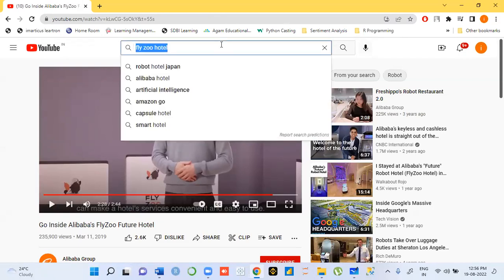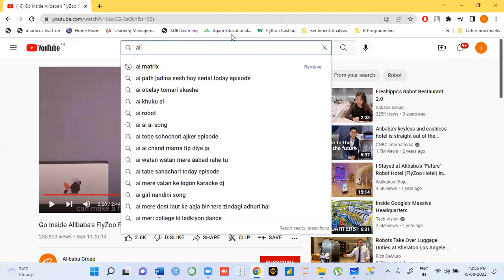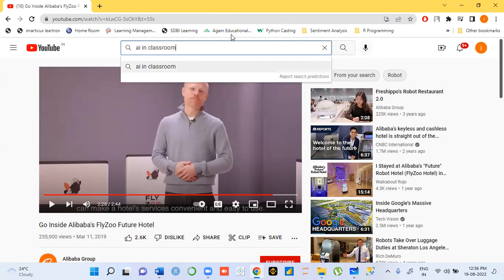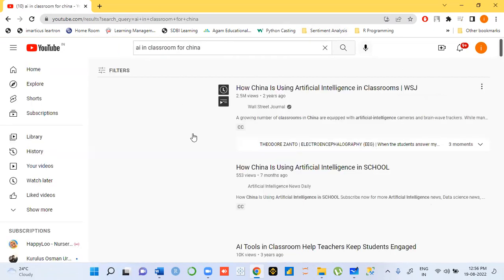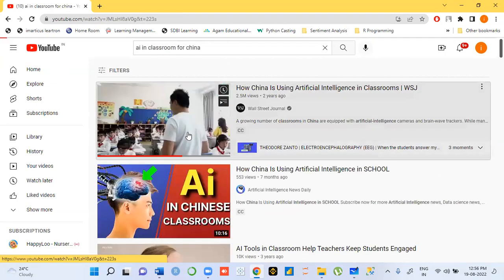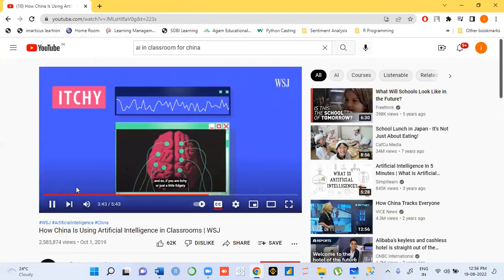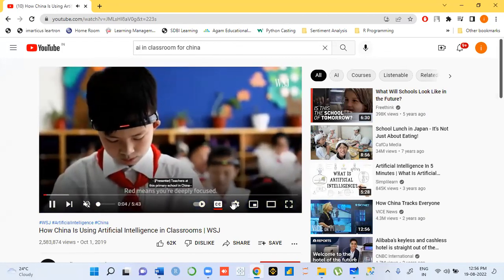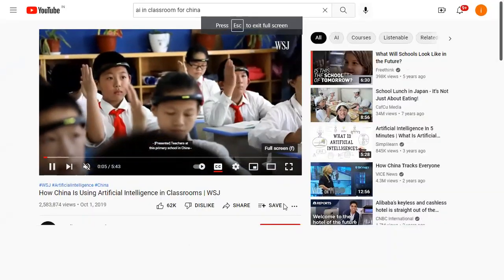Second, in China, guys, there is something nobody else has implemented in the entire world. They implemented artificial intelligence on children. Let's check AI in a classroom for children. This is one of the best examples of artificial intelligence.